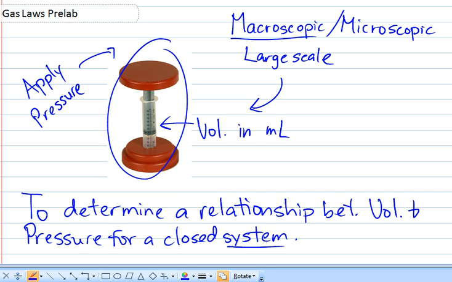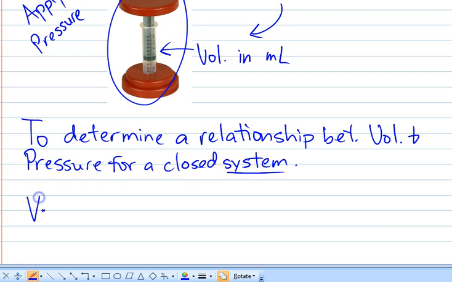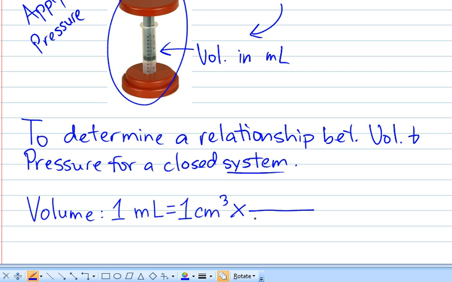Okay, so a couple of quick definitions. Well, volume is easy, we all know what volume is, but something to be aware of is that you're going to need to know how to get from milliliters into cubic meters. And so the conversion is this: 1 milliliter is the same thing as 1 cubic centimeter. Okay? But in order to convert that into cubic meters, we're going to have to take this and multiply by a conversion factor.